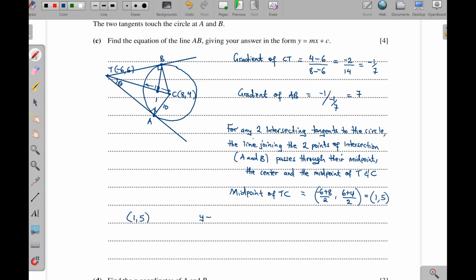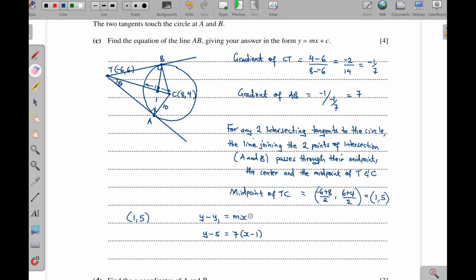So I can use y minus y1 equals m times x minus x1. So y minus the 5 then is equal to, our m is the 7. So this line here has the gradient of what? 7. Okay, and then it passes through the midpoint of T and C. So 7 then into x minus 1. Oh, what did I write here?